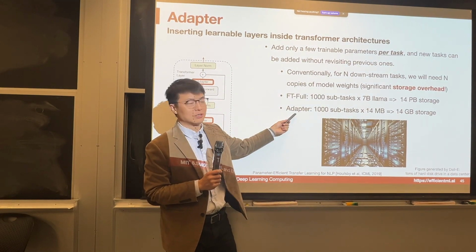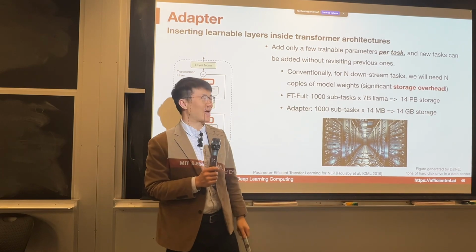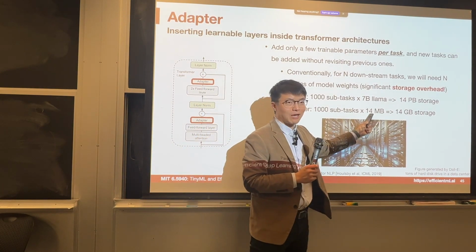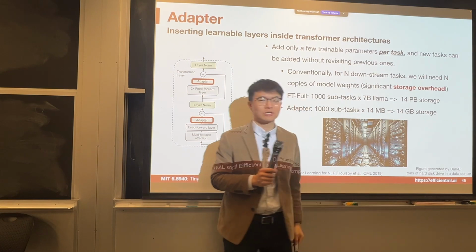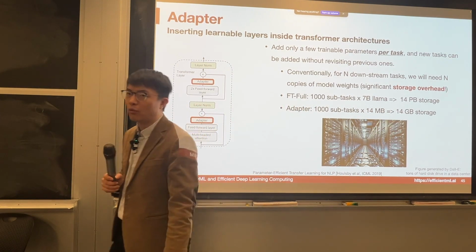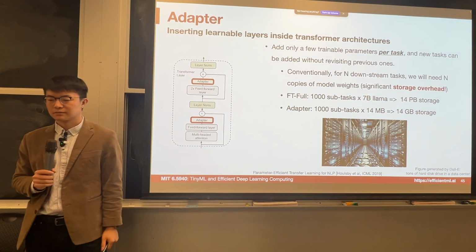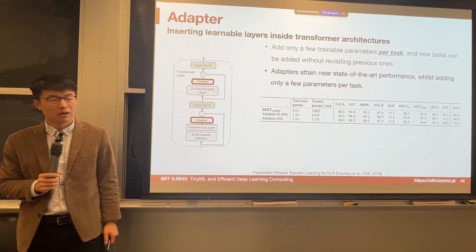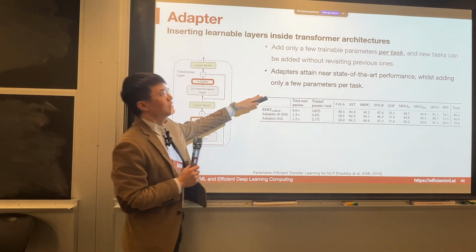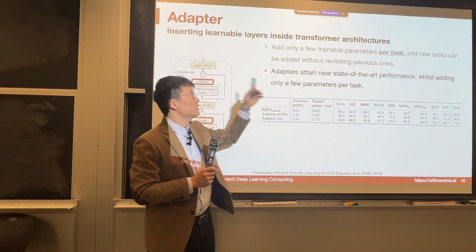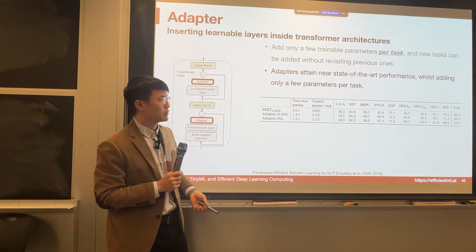If you use adapter, again, it's 1,000 subtasks, only 14 megabytes for each task. That's like 14 gigabytes of storage, a lot more parameter efficient. So adapter luckily can attain nearly state-of-the-art performance while adding only a few parameters per task.